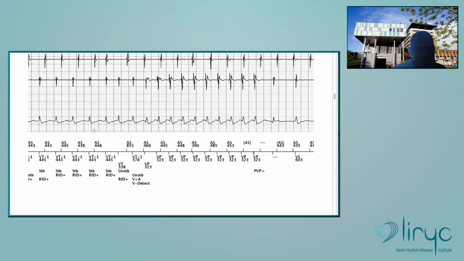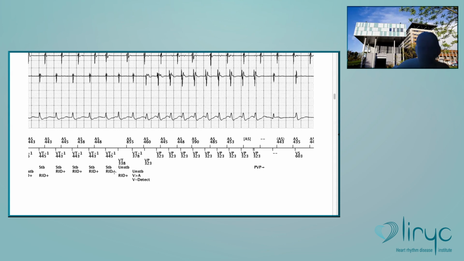So now, if you compare the atrial rate, you see there is a gap here, and therefore, at this time, the ventricular rate is considered to be faster than the atrial rate by more than 10 beats per minute. So even if the discrimination in terms of morphology is correct and says you should not treat, this is the first step. So the device considers that the ventricular rate is faster than the atrial rate. Therefore, whatever the stability, whatever the morphology, if it is true, it's going to be treated.